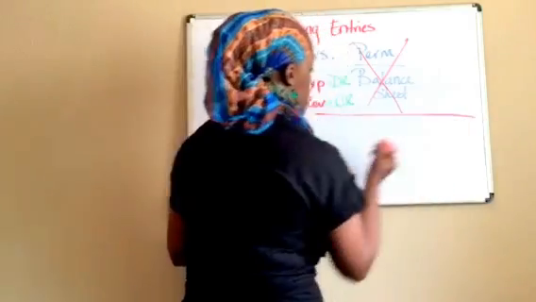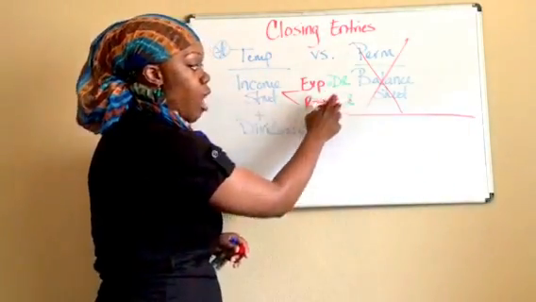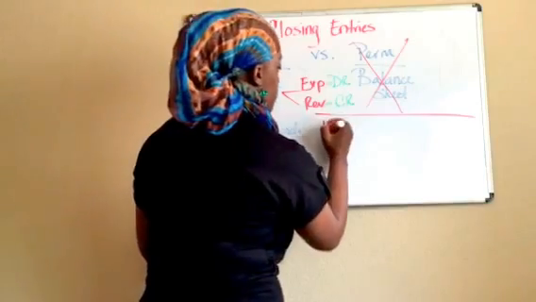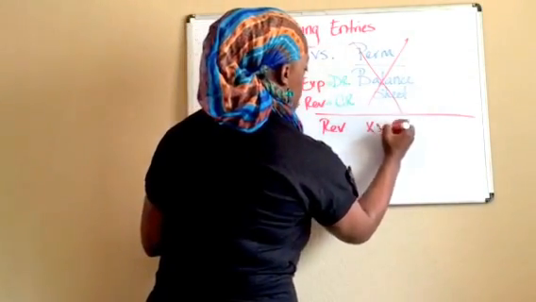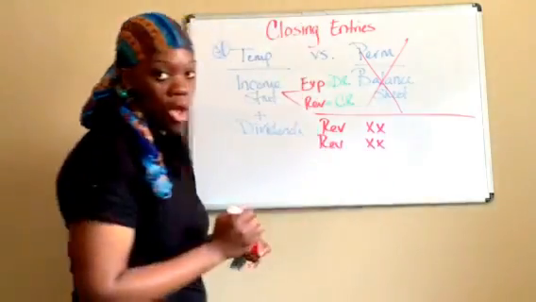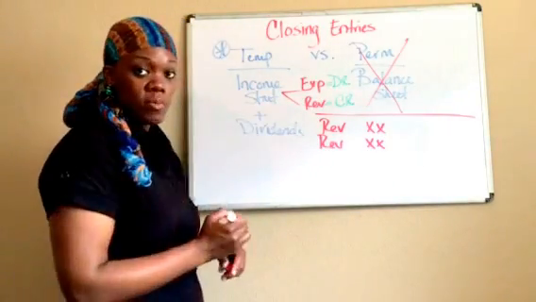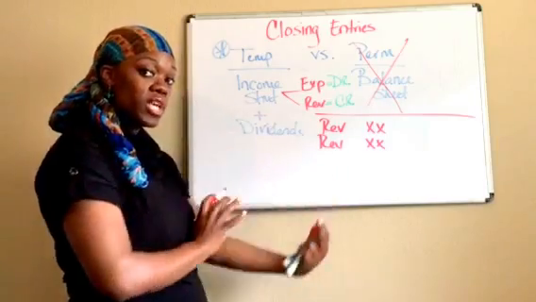So let's draw a little line here. We're going to debit all of the revenues. So we're going to have revenue here for X amount and then another revenue for X amount. Then we're going to credit all of the expenses, because that's the opposite. That's how we get rid of it.